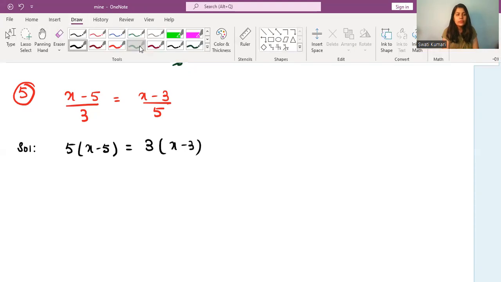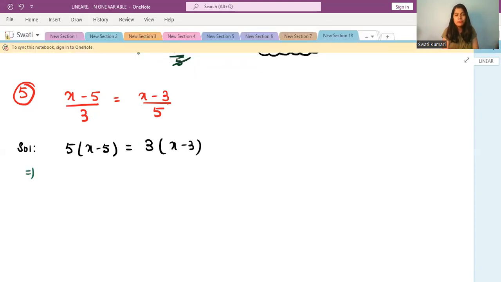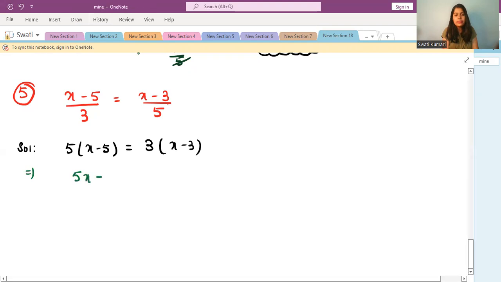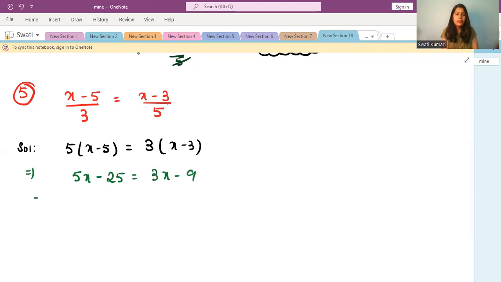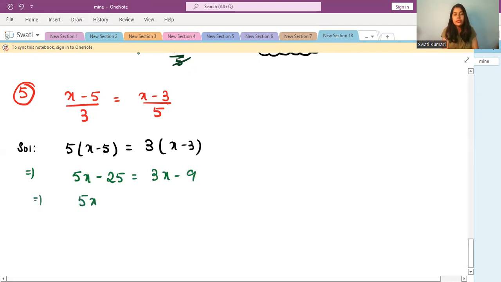Now let's write down the next step. I'm going to make it colorful. So 5 times x is 5x minus 5 times 5 is 25. And this will become 3 times x, 3x minus 3 times 3 is 9. Now keeping 5x to the side, shifting 3x to the other side, 3x will become minus 3x. Minus 9 as it is, shifting minus 25 to the other side, so plus 25. 5x minus 3x is 2x and 25 minus 9 is 16.